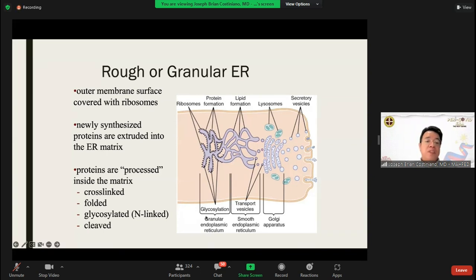So the proteins are then processed inside the matrix wherein the proteins can be cross-linked, folded, glycosylated, as well as cleaved, no? Your ribosomes are in charge of your protein formation. Your smooth ER is in charge of lipid formation.